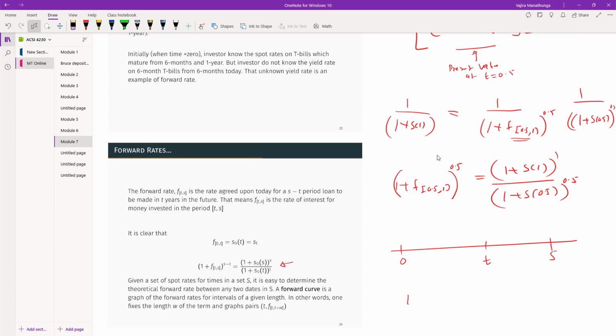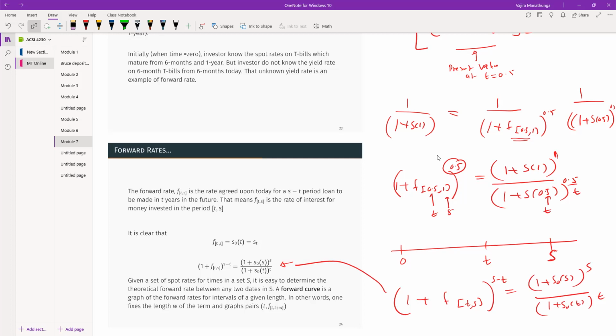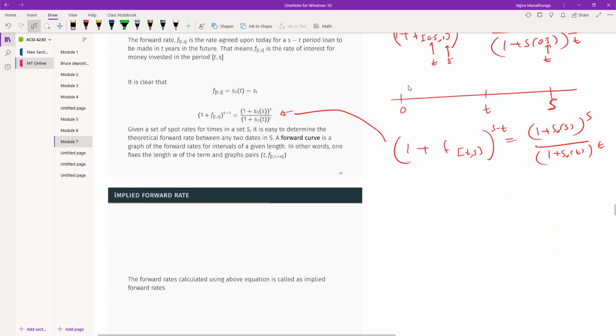It would become 1 plus F. This one turns out to be T, this one is S, so I get F_TS. Then 0.5 is the difference between these two, so it becomes S minus T. Here 1 is actually up to S, so it becomes 1 plus S_S, and this one is actually T, and this becomes S_T. That's what you see in this one. So this is the generalization of that formula. The rate you found is called the forward rate.